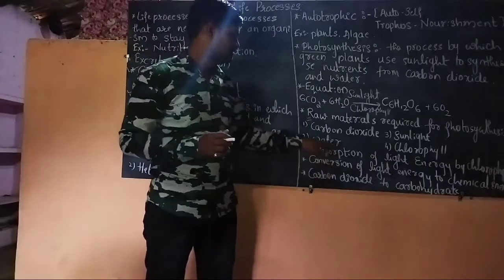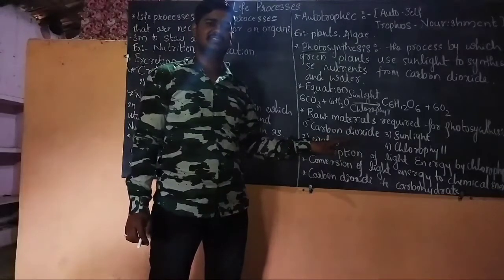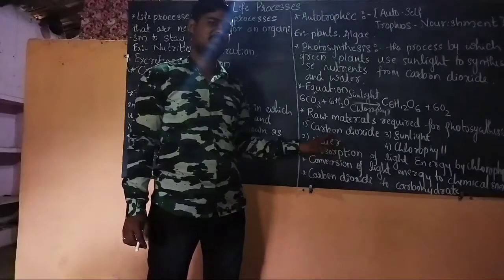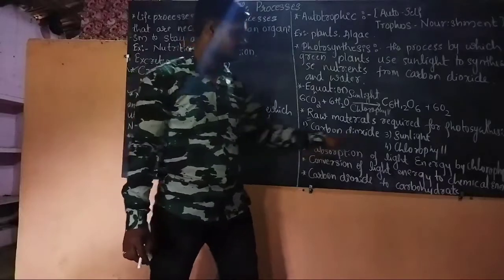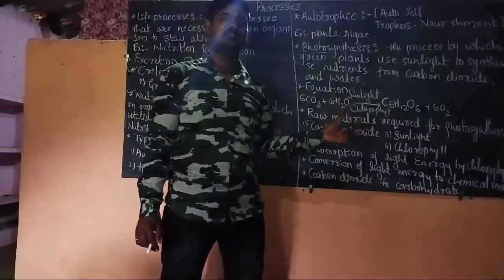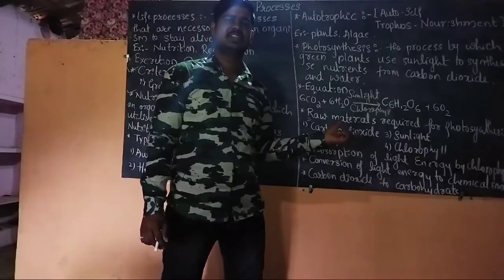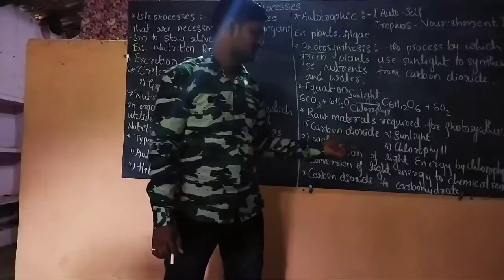Then water. This is also one raw material used for photosynthesis. The roots of the plants absorb the water from the soil. Then comes sunlight. It is also very essential for photosynthesis, and the chlorophyll traps the sunlight for the process.